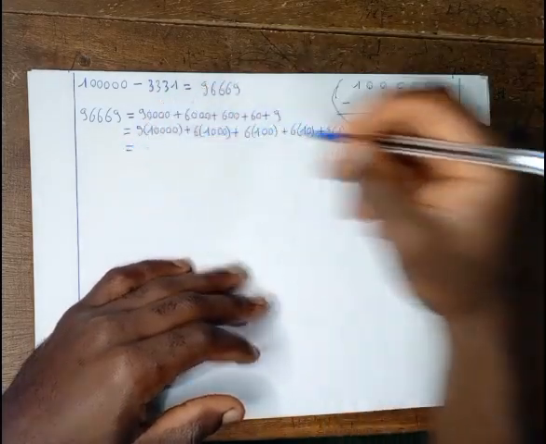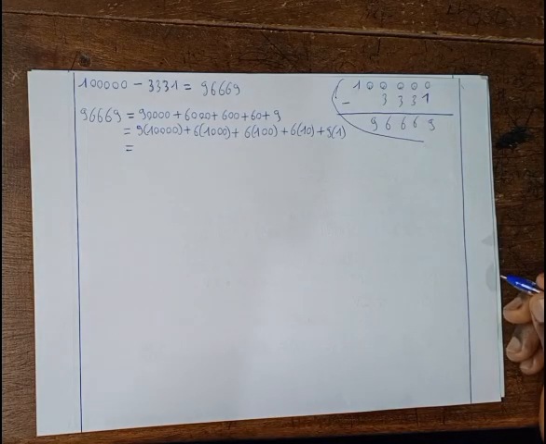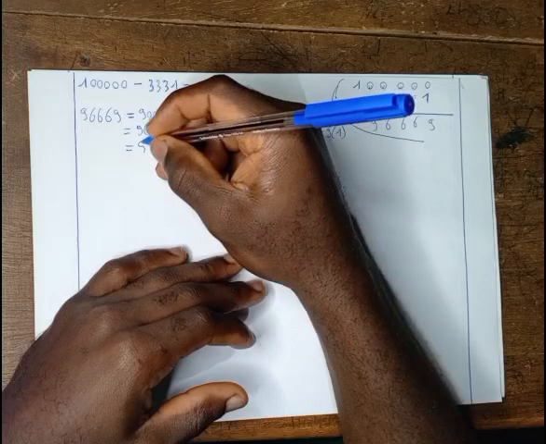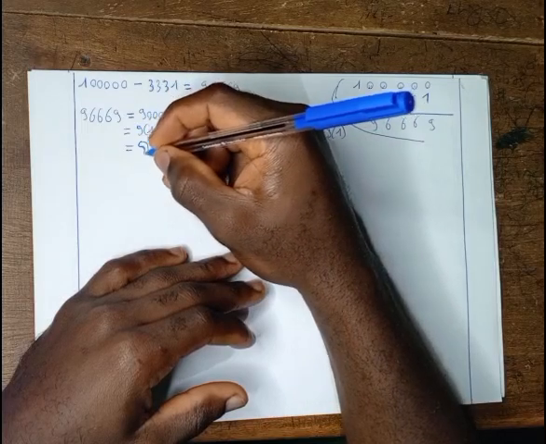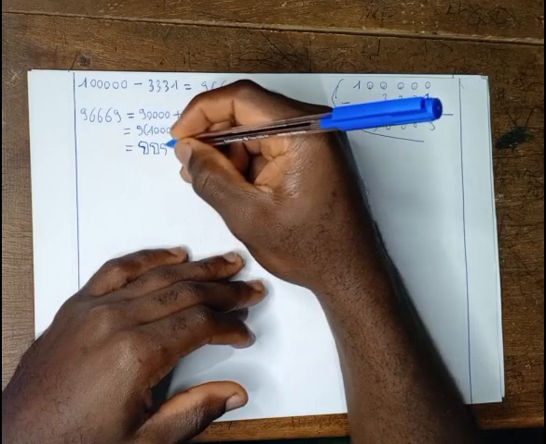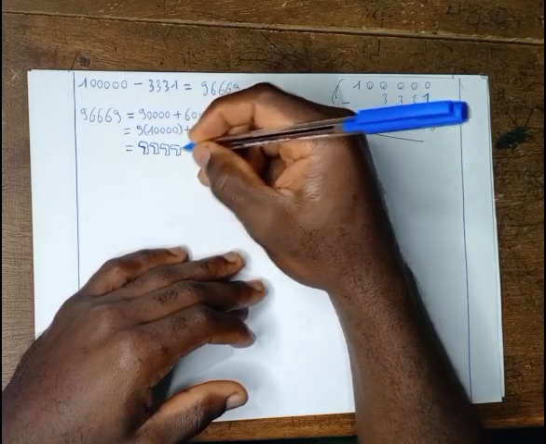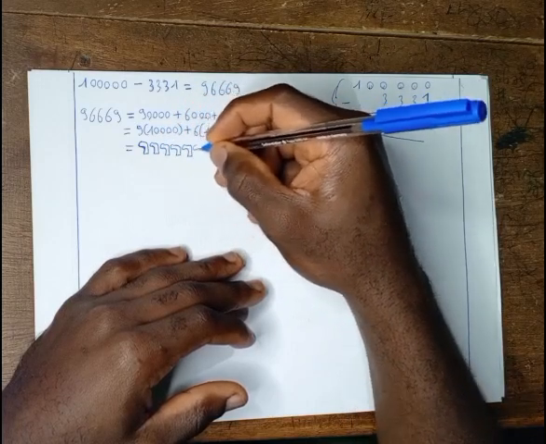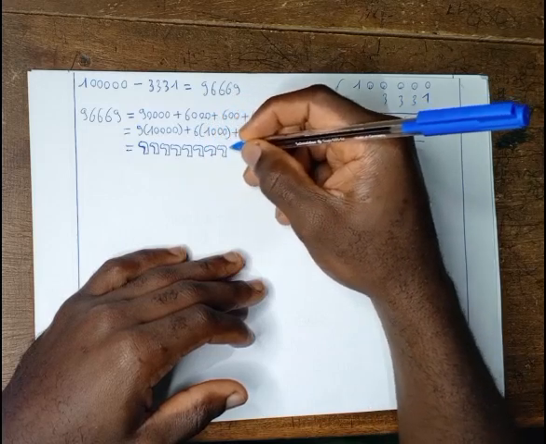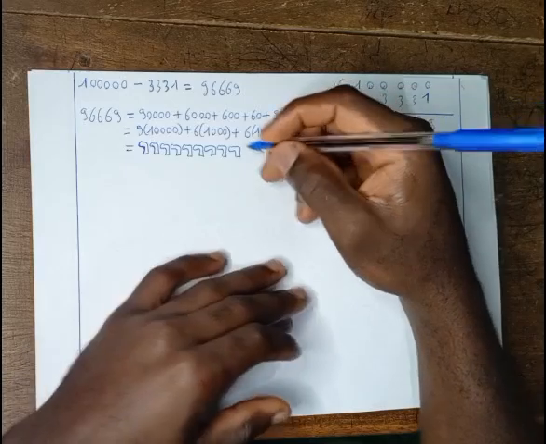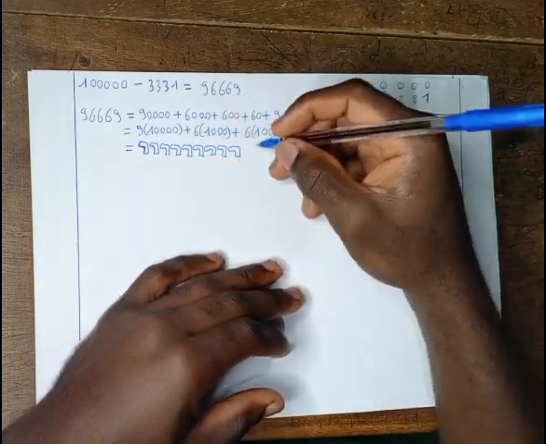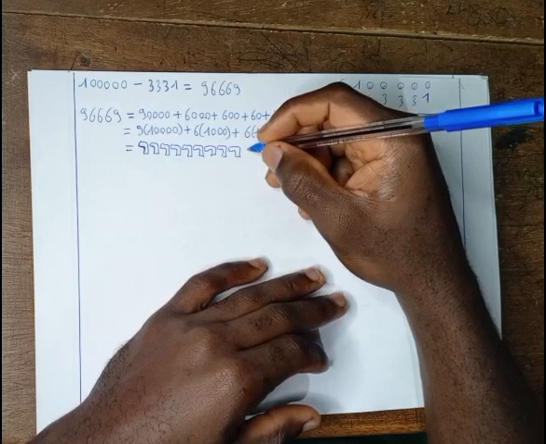We know the Egyptians represented 10,000 by using a bent finger. So here we have to write down 9 bent fingers: 1, 2, 3, 4, 5, 6, 7, 8, 9. Then next, they represented 1,000 by using a lotus flower.